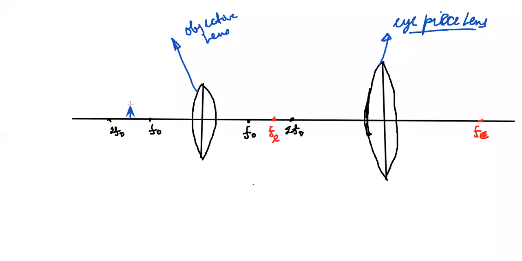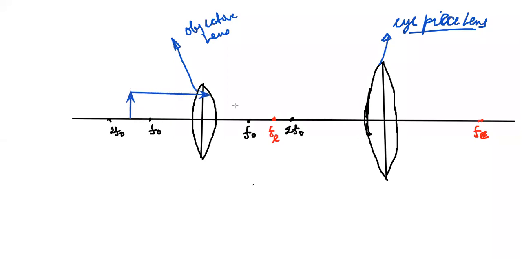Why? Let me consider this to be the object. If I place the object over here, the image will be formed beyond twice FO, because in the case of a convex lens, whenever we place an object between F and twice F, the image is always formed beyond twice F. So I draw the ray diagram over here.